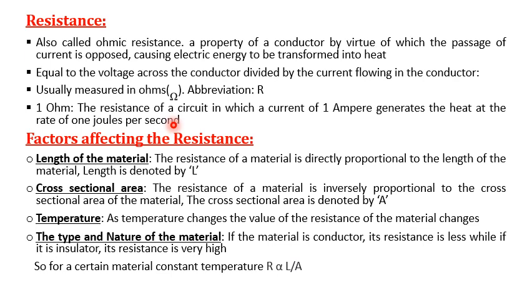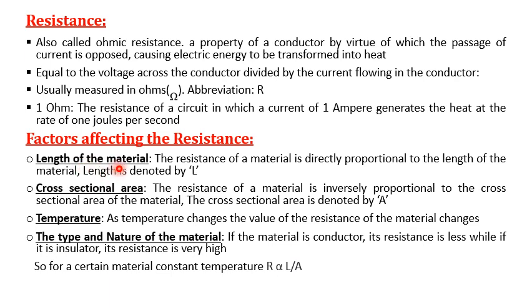Then what are the factors affecting the resistance? That means, resistance depends on what factors? These are the factors which affect the resistance of a conductor. The first factor is the length of the material.